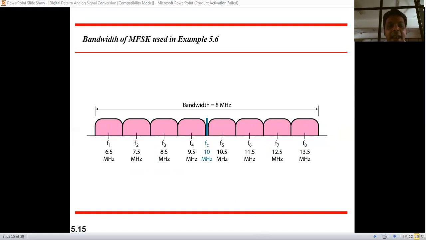So what are L and s? L is the number of signal levels.